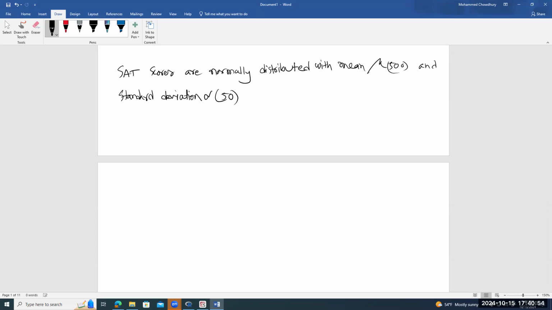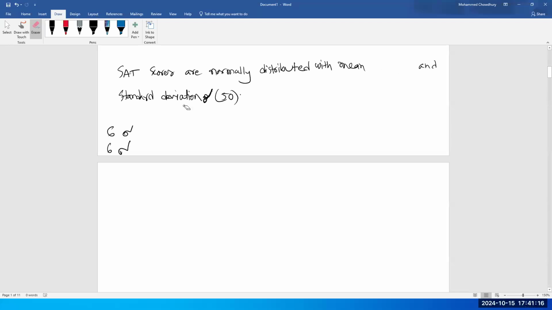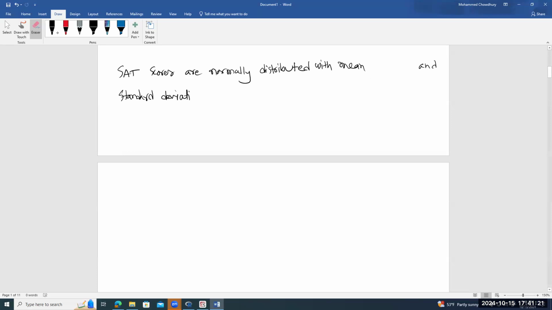And standard deviation sigma. This is a mu, and this is a sigma. Okay, so with mean 550 and standard deviation 50.